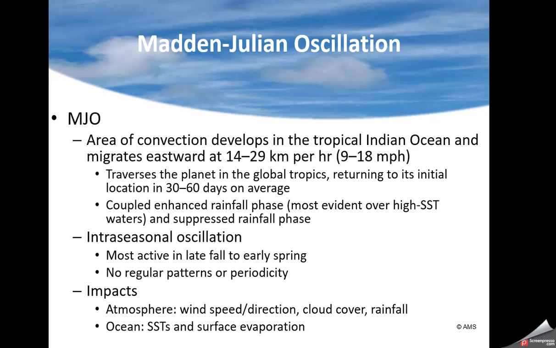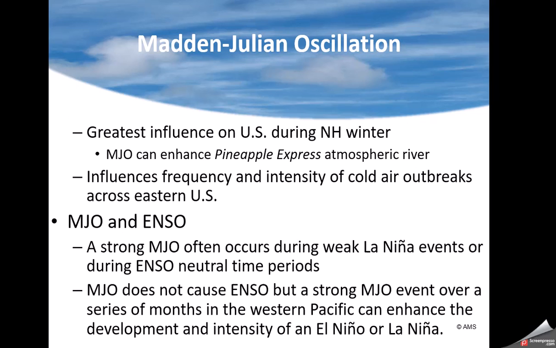It can take 30 to 60 days to go around the whole Earth. And as it's doing this, that pulse will help high pressure form and low pressure form, depending on which phase of that pulse you're in. So this can help cause more rainfall, or it can suppress the rainfall. It basically really enhances the pineapple express or atmospheric rivers into the western U.S.